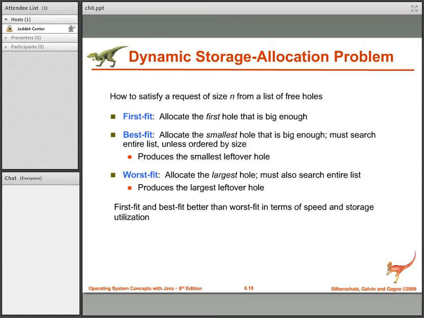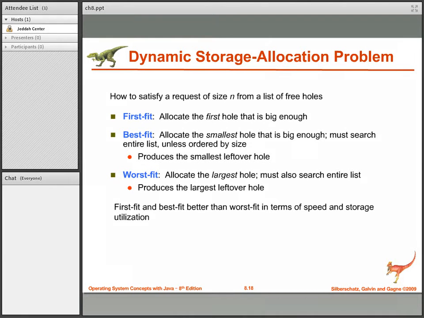In this algorithm, we also must search the entire list. This algorithm produces the largest leftover hole, and as I said, it gives you a better chance for future allocation of incoming additional processes.